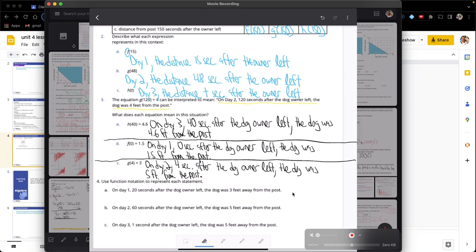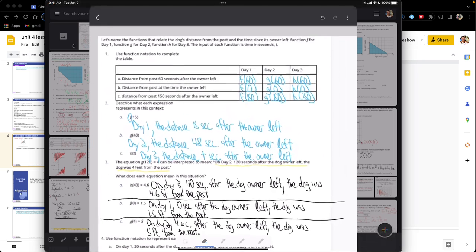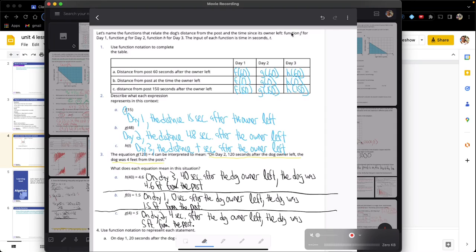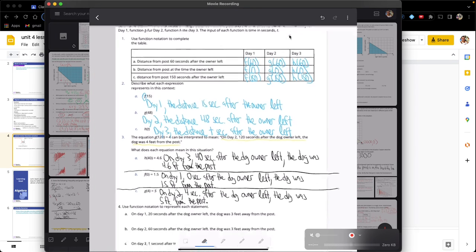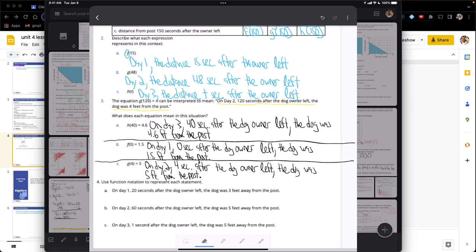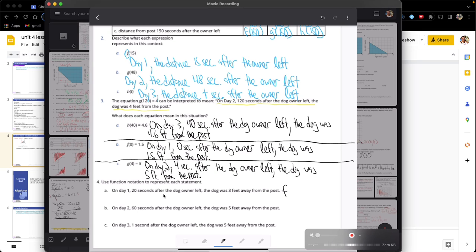the post. So day 1, let's go back to the top here. Day 1 is function f. So when I write my function notation, I'm going to use function f. My input is 20 seconds after the dog owner left.